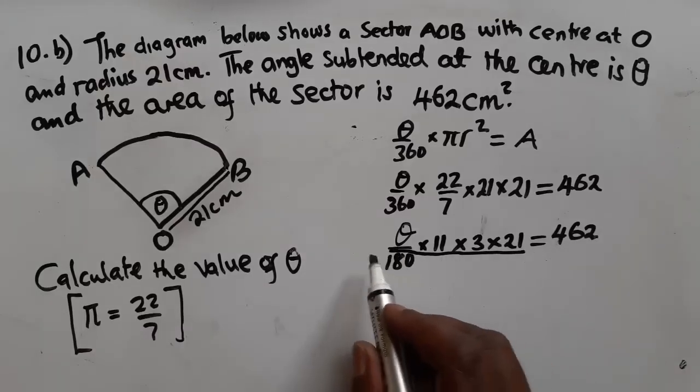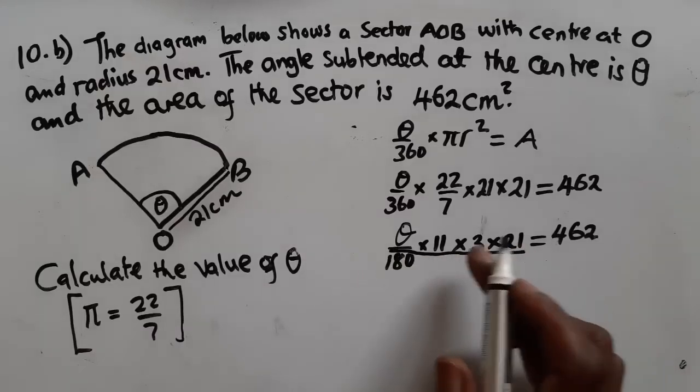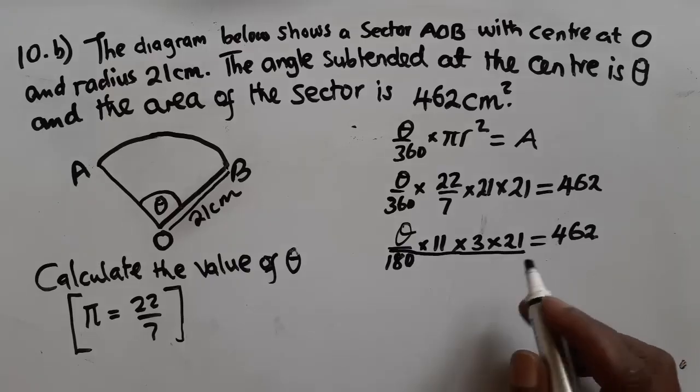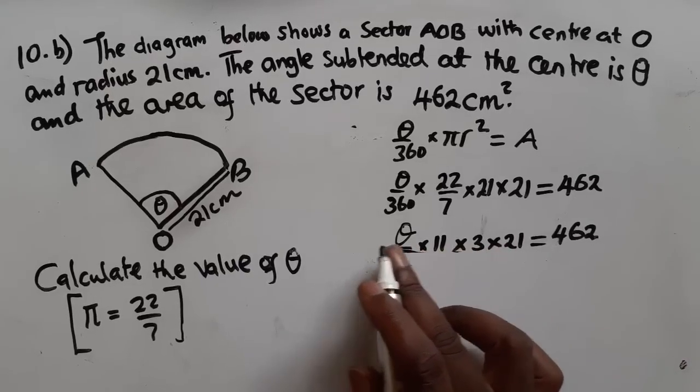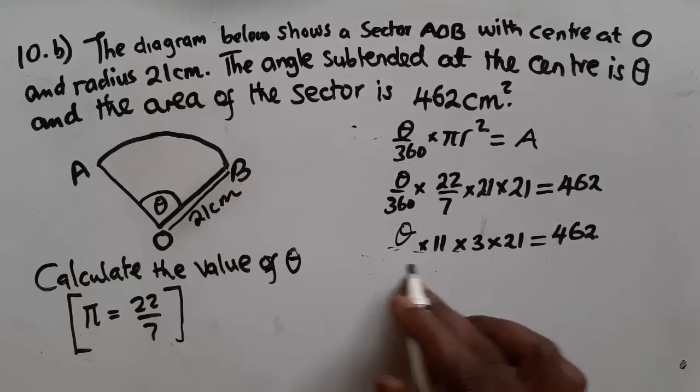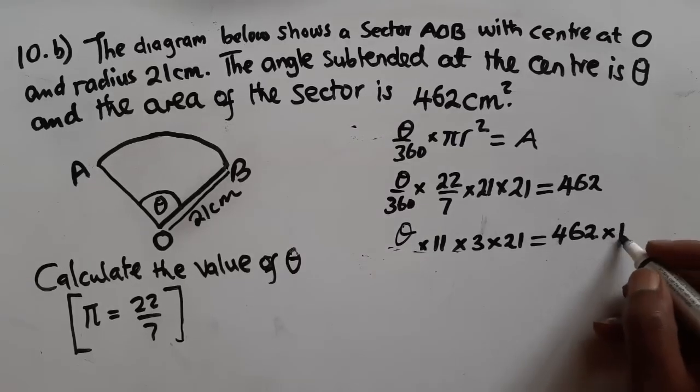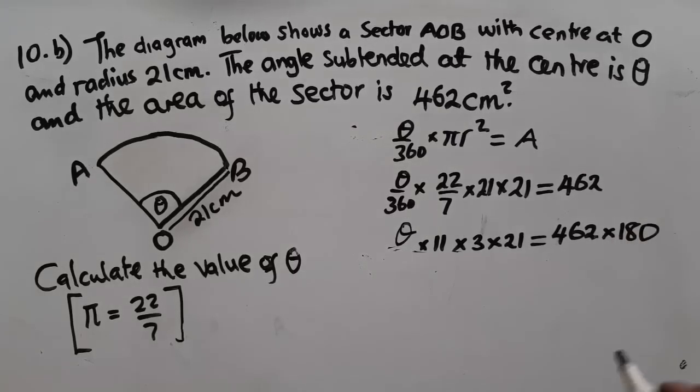All these are together here. So the next step is where we say we cross multiply. To cross multiply, it will mean that all these will remain here, then 180 will come this side. I hope that is very clear.